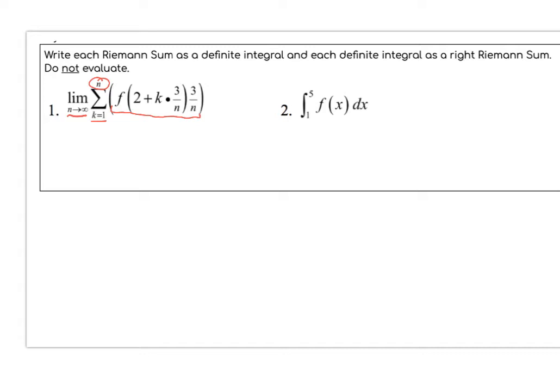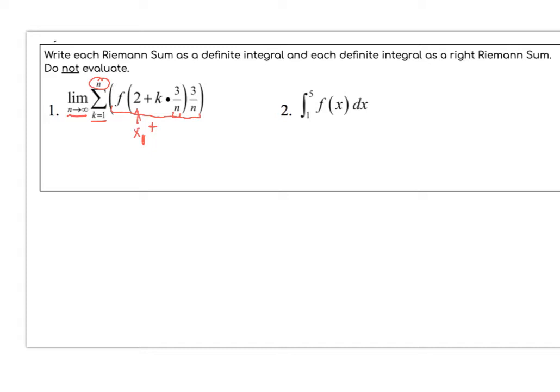I see some stuff here that I can work with. The first is that we have some kind of a starting input value, that'd be like an x1. And then we're adding some kind of a change, which is this 3 over n thing, based on having an n number of pieces here.